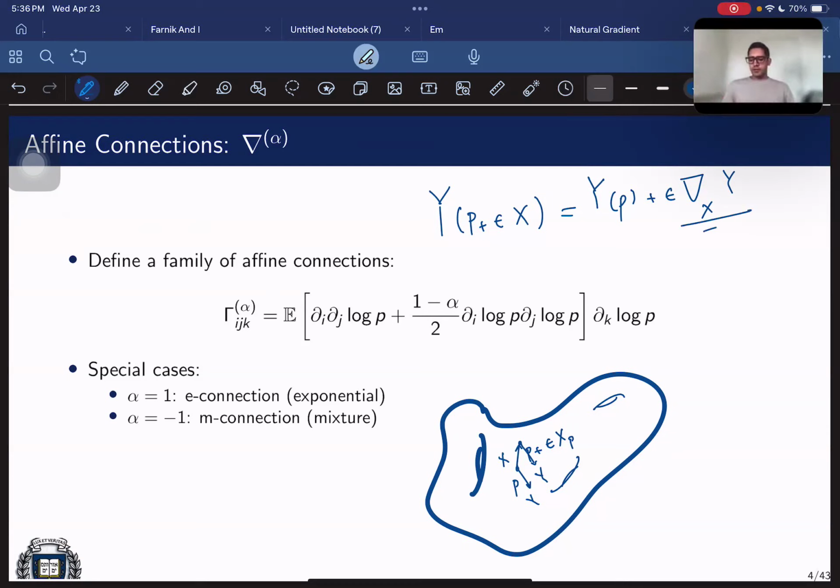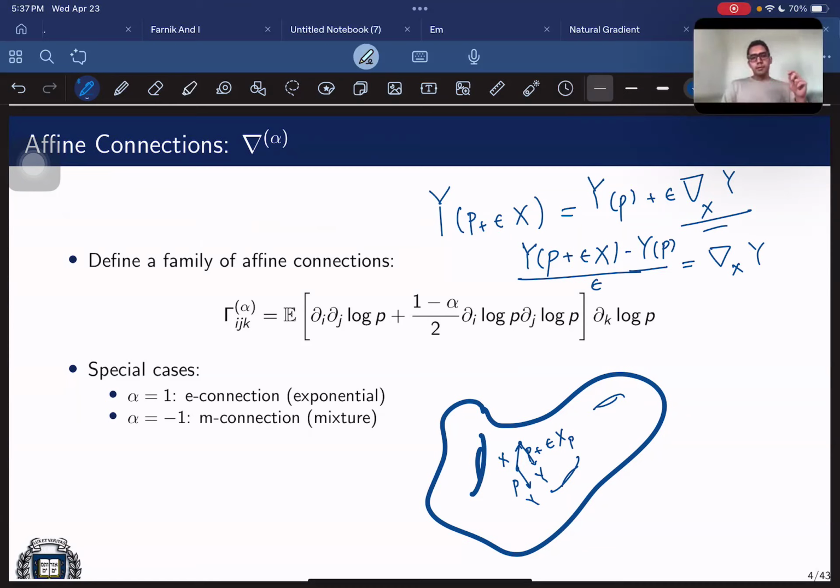This is why we call it, so if we rearrange it, you can see why they call it a covariant derivative. So with affine connection, we can take derivatives with respect to different vector fields.